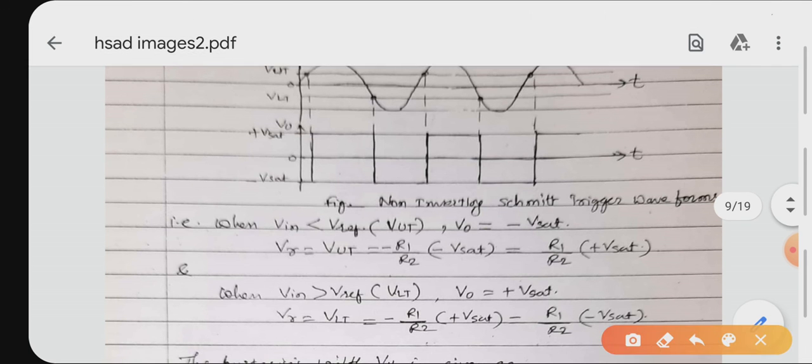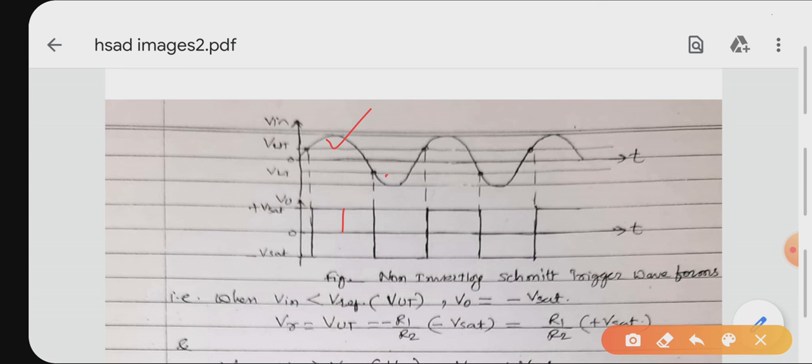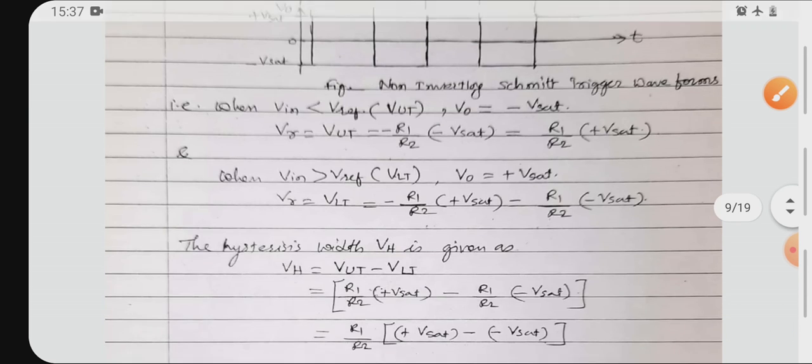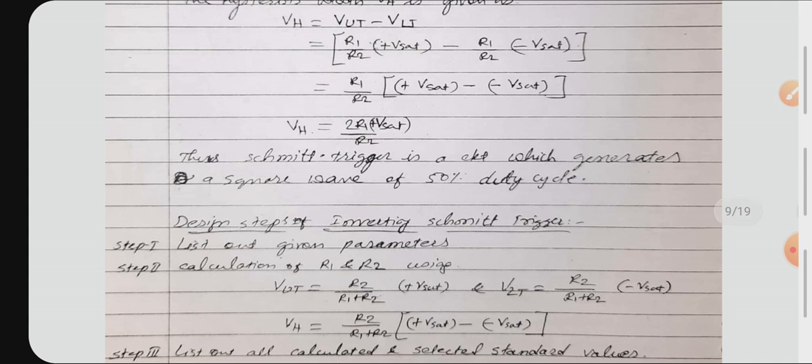Since it is a non-inverting Schmitt trigger, for the positive peak you are getting 1, and for the negative peak you are getting 0, same as the input. Working is the same, but the input signal is applied at the non-inverting terminal.